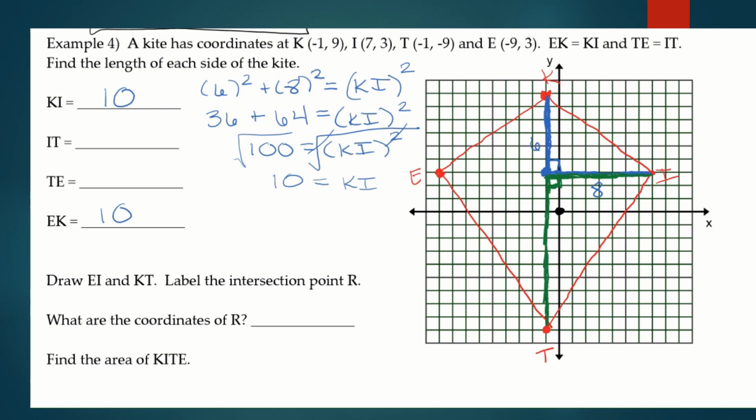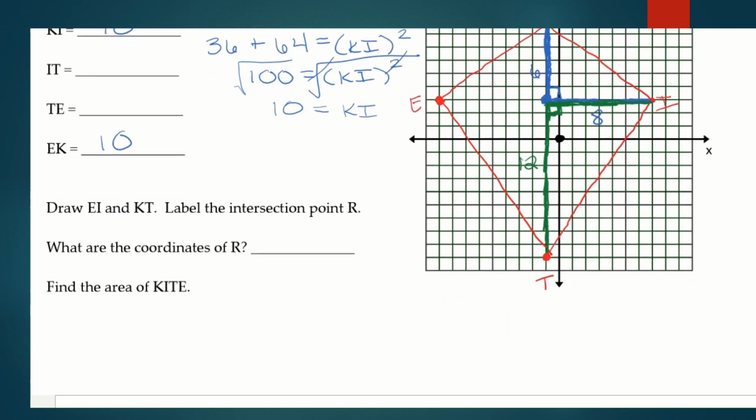So what is the distance of this new leg that I just drew in? 1, 2, 3, 4, 5, 6, 7, 8, 9, 10, 11, 12. This leg has a distance of 12. So the two legs for this particular right triangle measure 8 and 12, and our goal now is to use those legs to help find the value of the hypotenuse IT.